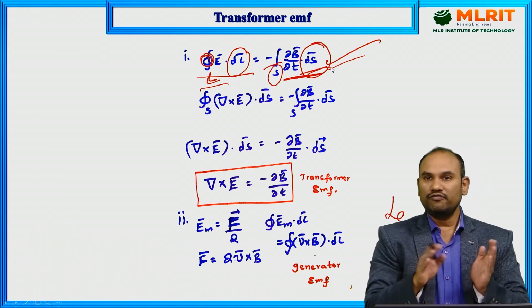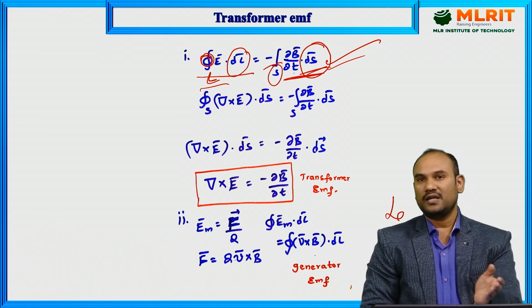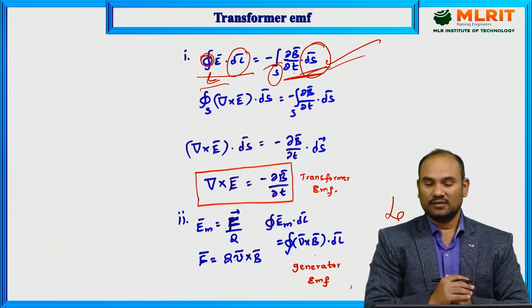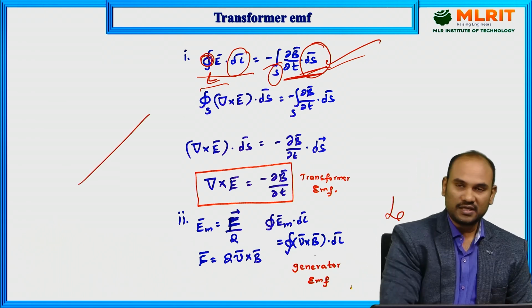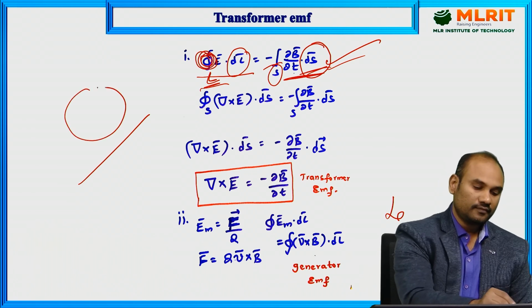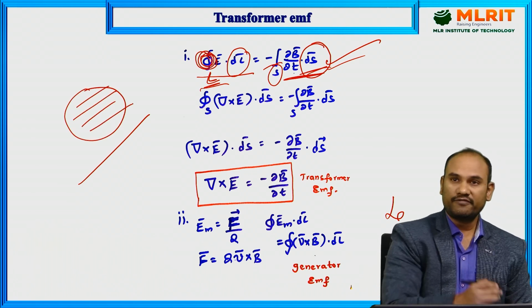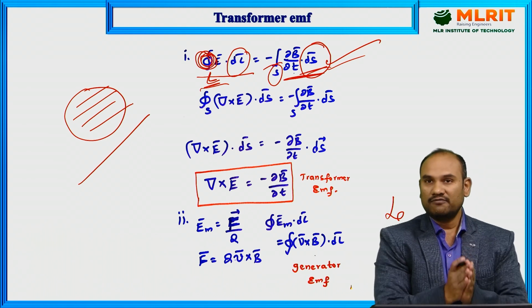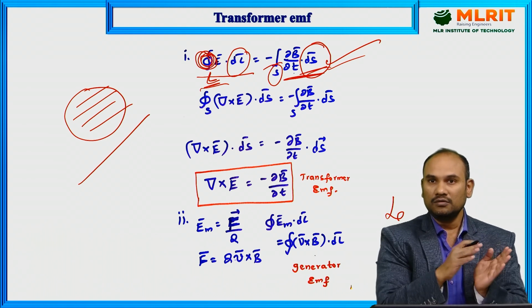To make the integrals uniform, convert the left hand side also into a surface integral. Why? Because on the left hand side you have a closed line, and inside a closed line you have a surface. So it is possible to convert the closed path on the left hand side into an open surface.